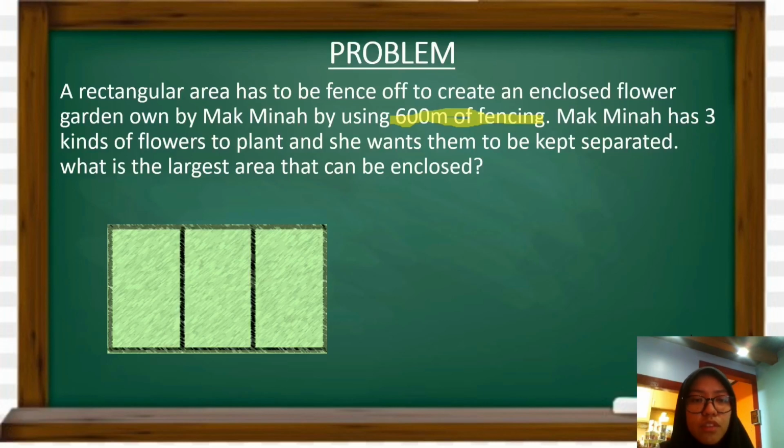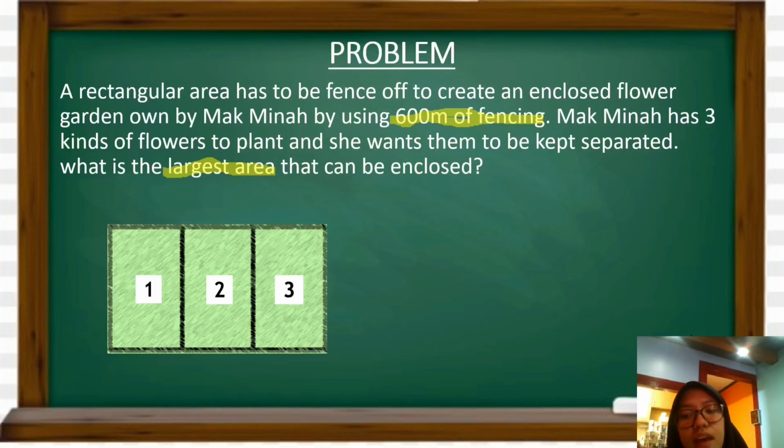So we have to divide the rectangular area into 3 parts. So 1, 2, and 3. And then what is the largest area that can be enclosed? So what is the largest area that can be enclosed?